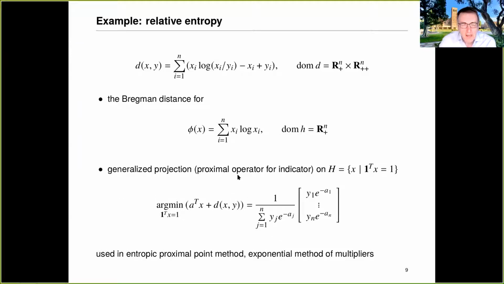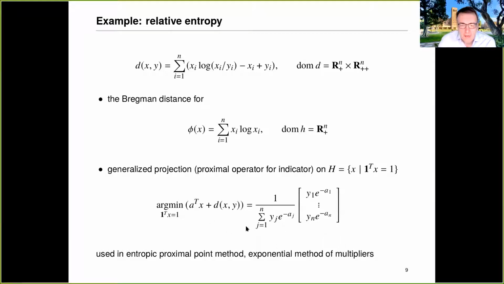And if you take the generalized projection on the hyperplane 1 transpose x equals 1, then we have this very simple closed form expression that can be evaluated in just order n operations. So it's somewhat cheaper than projecting on this set in the Frobenius, in the Euclidean norm.